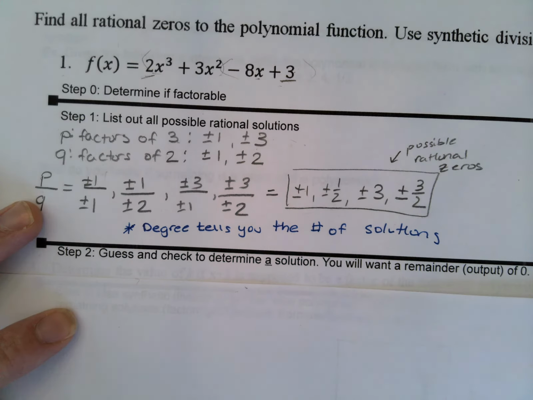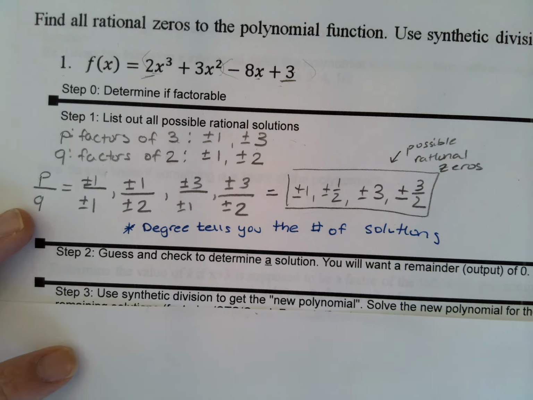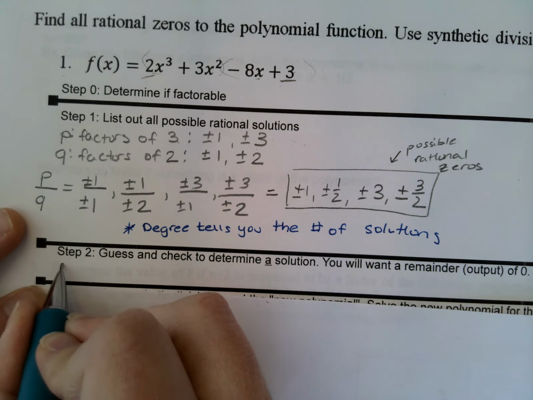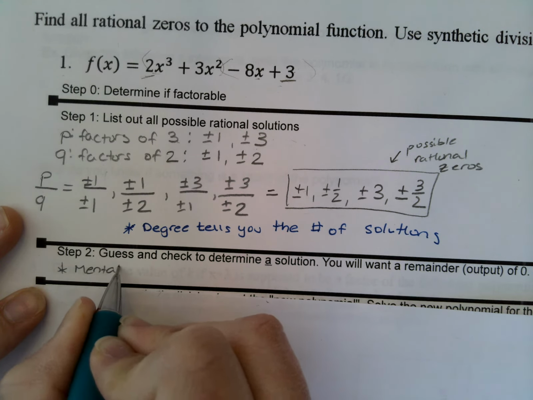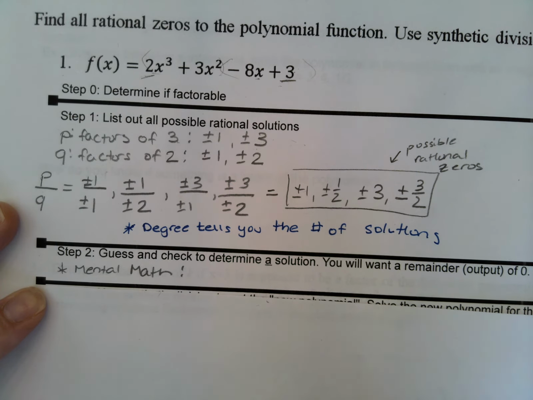Okay? You can go through and use synthetic division to get the new polynomial, figure out that the positive 1 works, and find out how to go from there. You can also do it in your head. So you can do a little mental math. Okay, I can do some mental math.